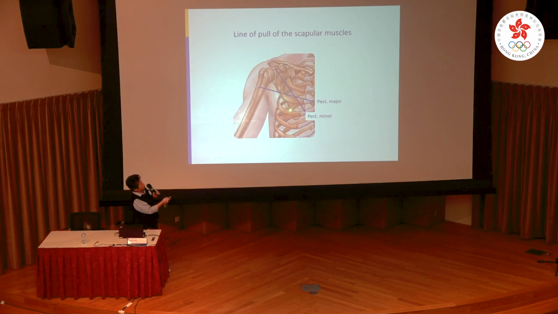So this is the shoulder blade, and it attaches at the top here. If this muscle is tight, it pulls the scapula to the front. Sometimes you may see athletes where the shoulder blade has a bit of a tilt. One possible reason may be that the pectoralis minor is tight and causing a change to the scapula.